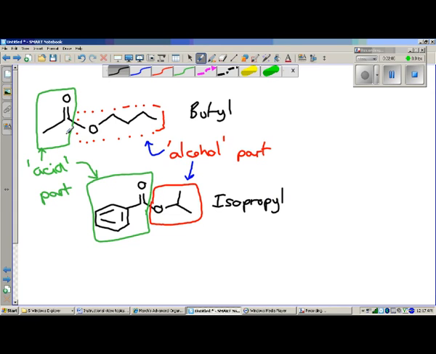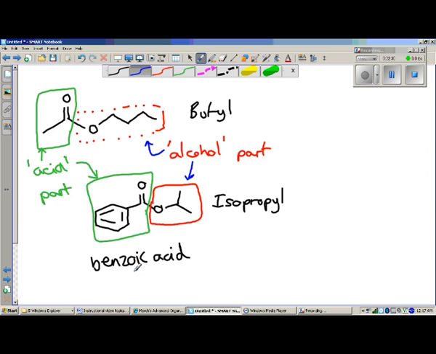And then to name the rest of it, to name the acid part, we first name it as if it was a carboxylic acid. Okay, so let's look at this bottom one here. The carboxylic acid that this most resembles is benzoic acid. Alright?